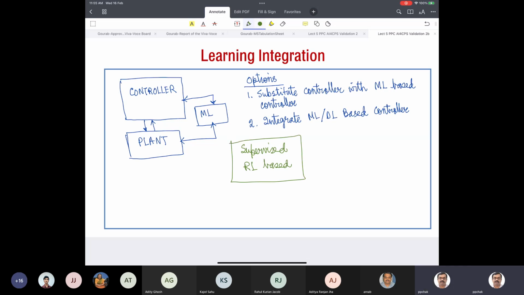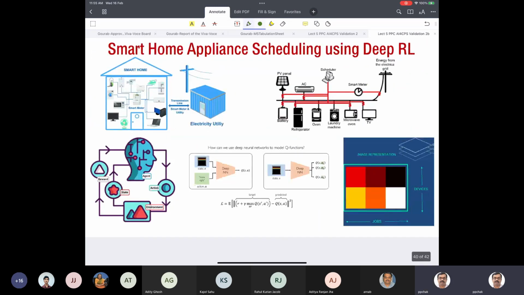They convert even such complex hybrid controllers into deep learned neural networks, which could either substitute the controller or act as a corrector of the controller. Those are beyond the scope of this validation, but this is the architecture.